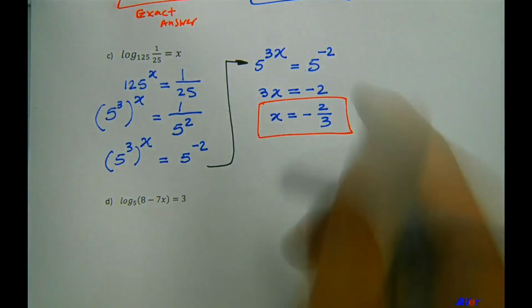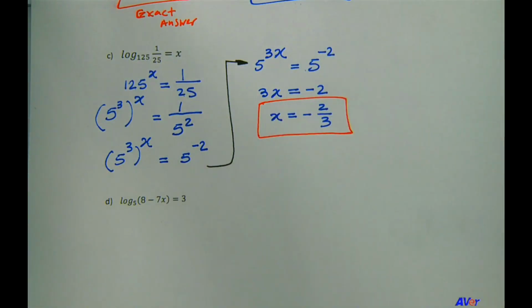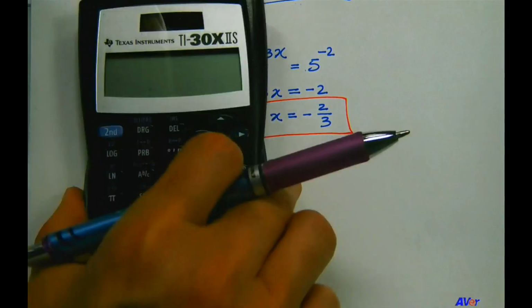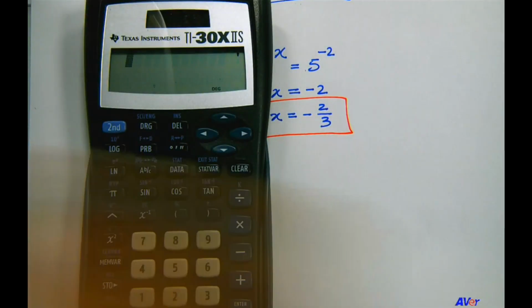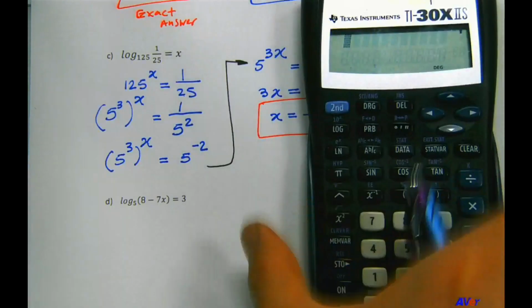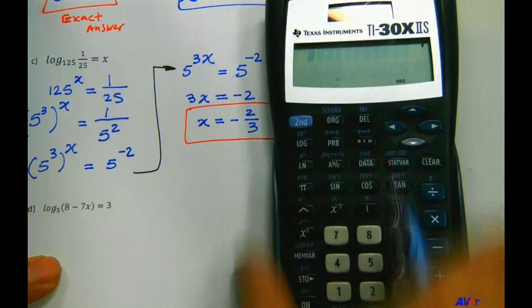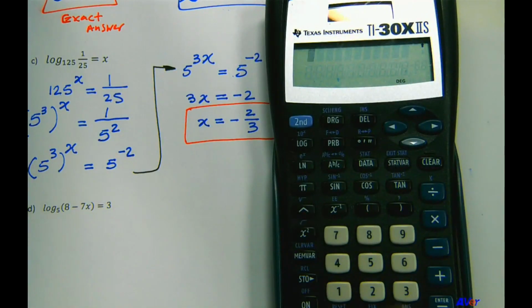There is no need to calculate the decimal for that. I mean, if you do, you probably get something that is not exact. So -2 divided by 3, look at that. You have to round that, which won't be exact, right?